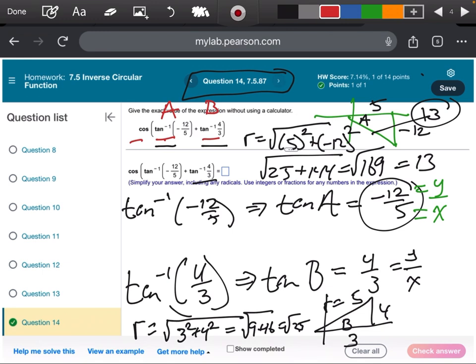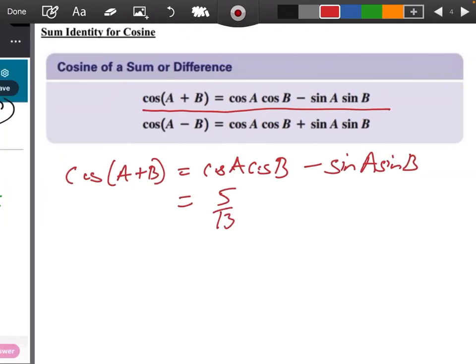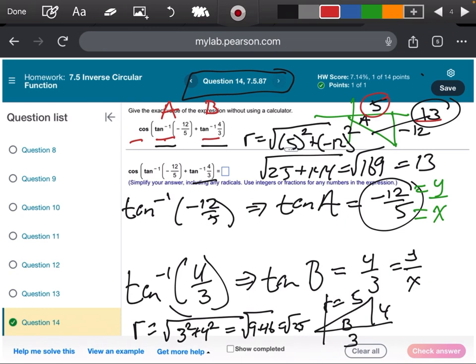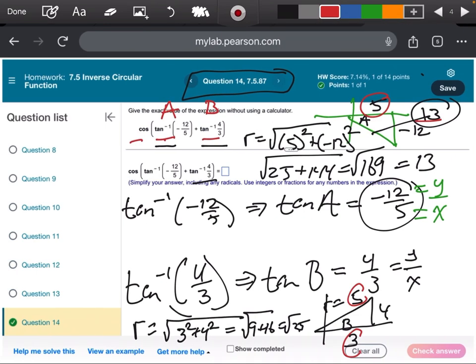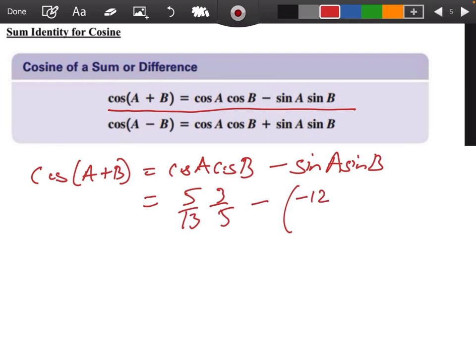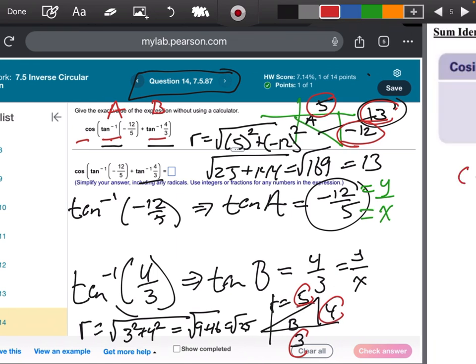Cosine of A is my x over my hypotenuse, so that's 5 over 13. My cosine of B is my x over my hypotenuse, 3 over 5. Minus my sine of A, which is my y value, negative 12 over 13. Sine of B is going to be 4 over 5.